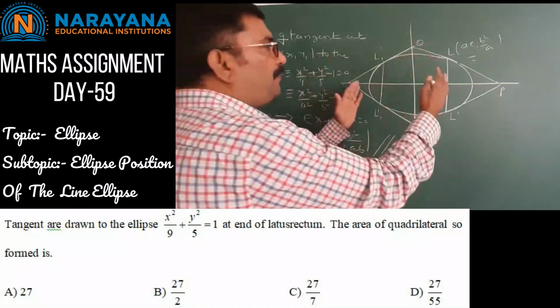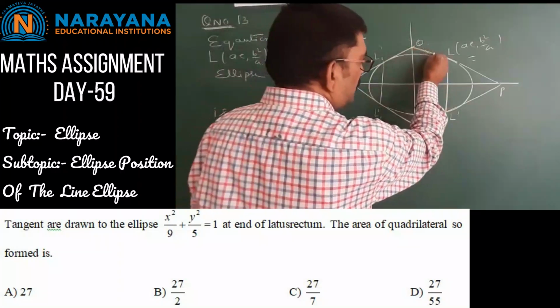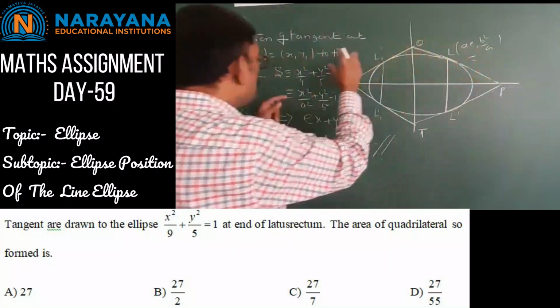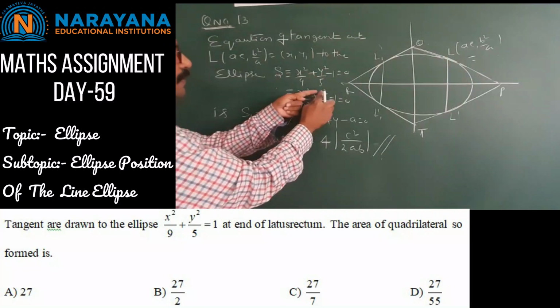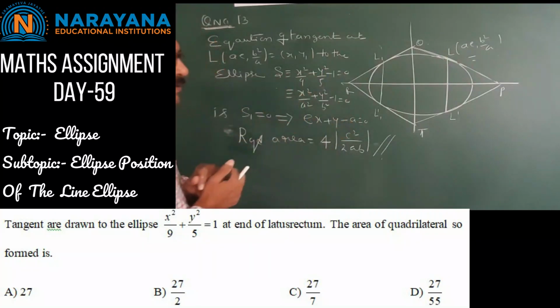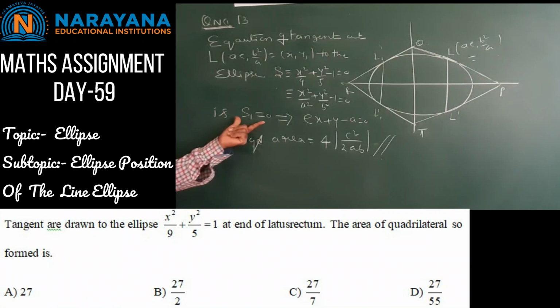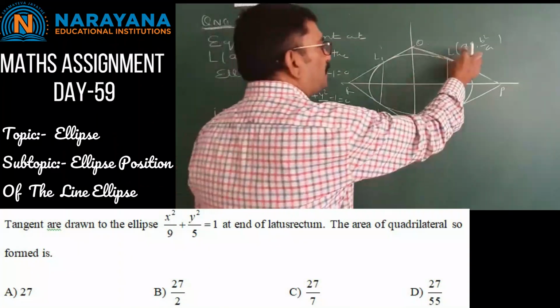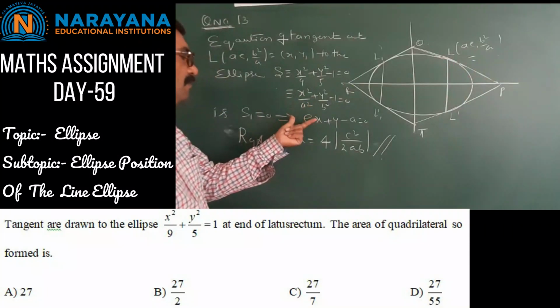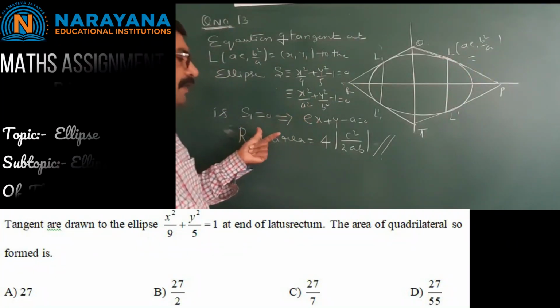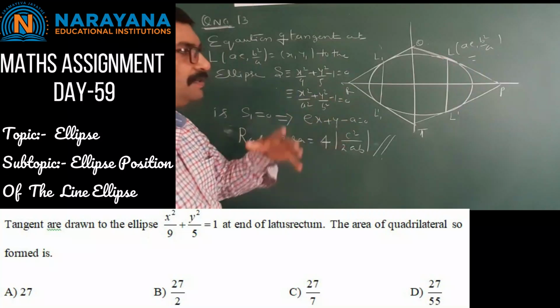Now instead of going for the tangent, I just find the tangent at this point to this ellipse. Let this ellipse be in the form x square by a square plus y square by b square minus 1 is equal to 0, the tangent is given by S1 is equal to 0. What is your x1, y1? (a, b square by a). Substitute. This tangent becomes ax plus y minus a is equal to 0.